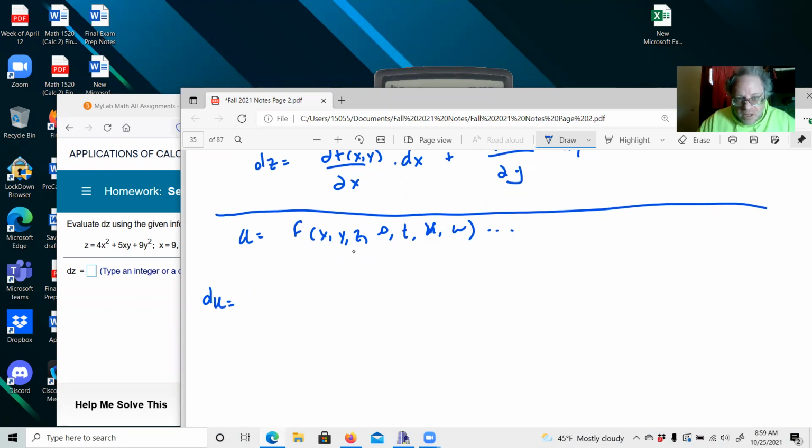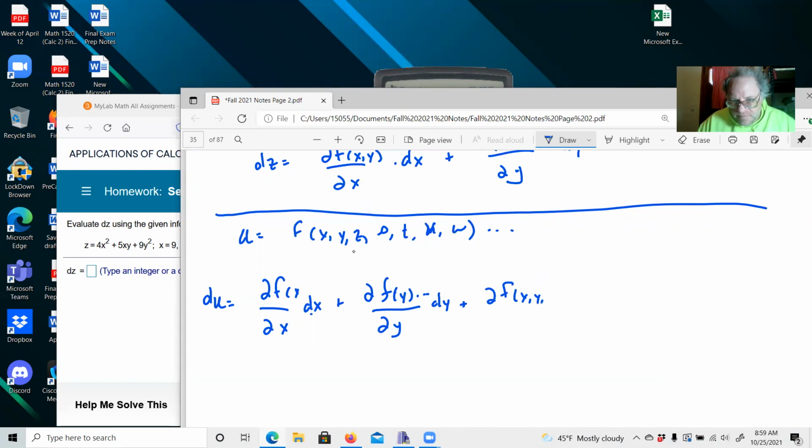So du would be the partial of f with respect to the first variable times the differential of the first variable, plus partial of f with respect to the second variable, we'll say y here, realizing there's more to it, partial of y dy, plus partial of f with respect to z, dz with the proper dz there instead of the weird looking thing here. Okay, and that's just the definition of a total derivative.